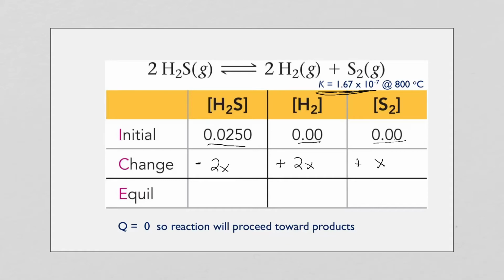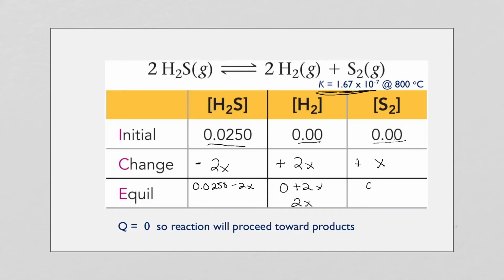So let's write out equilibrium concentration expressions using this change. We end up with 0.0250 minus 2x. We have 0 plus 2x, or simply 2x.